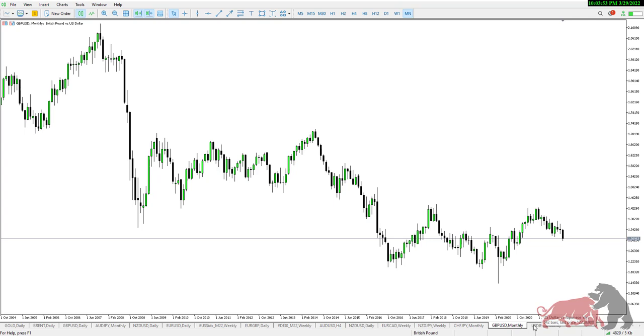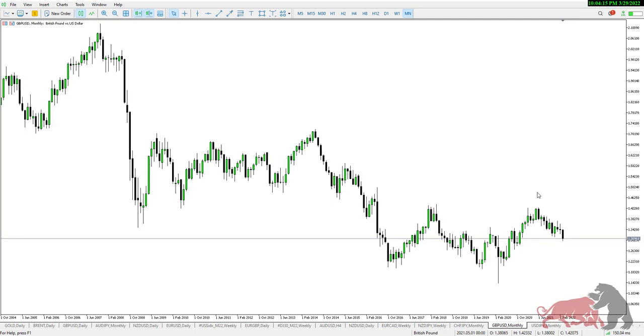Now with pound USD, we can clearly see where price is trading to. We are in a monthly bearish order flow. In terms of our trend, major moves are happening to the downside.